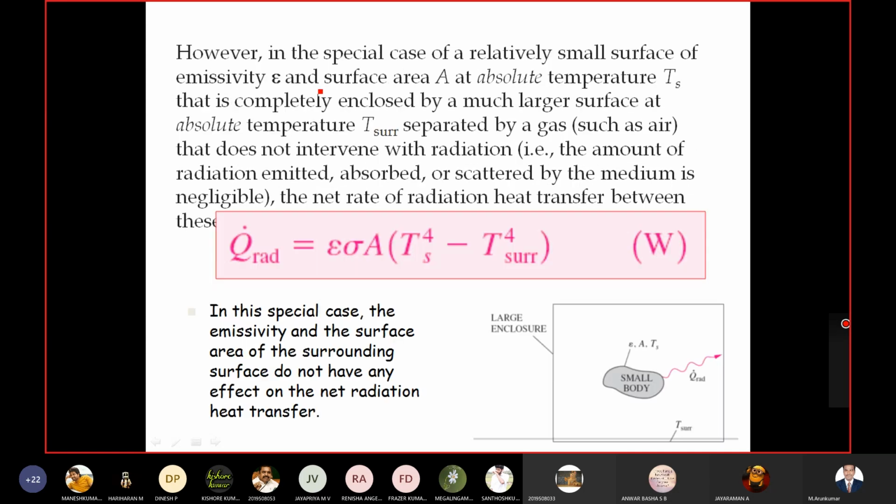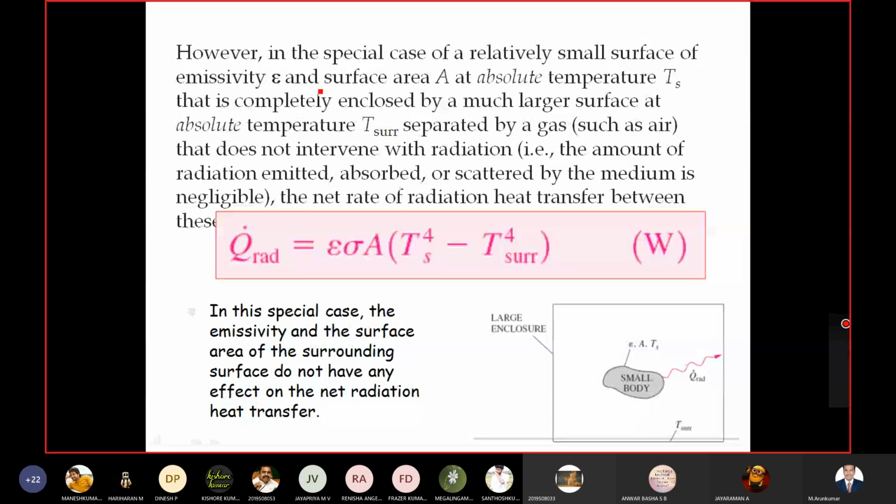However, in the special case of a relatively small surface of emissivity epsilon and surface area A at absolute temperature T_s that is completely enclosed by a much larger surface at absolute temperature T_surr, separated by a gas that does not intervene with the radiation, the net rate of radiation heat transfer can be calculated.